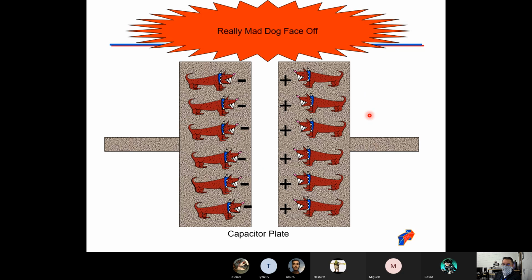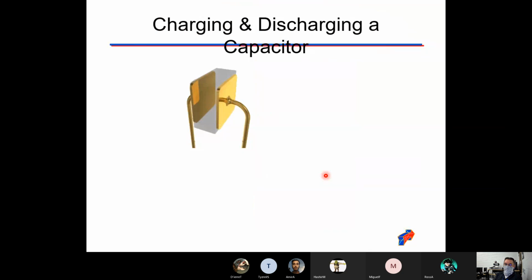If you put a capacitor plate in the middle of that, you have a whole lot of electrons sitting here waiting to jump across. That would allow more current to flow whenever it's discharged. Okay, and then all of those electrons jump across at one time.